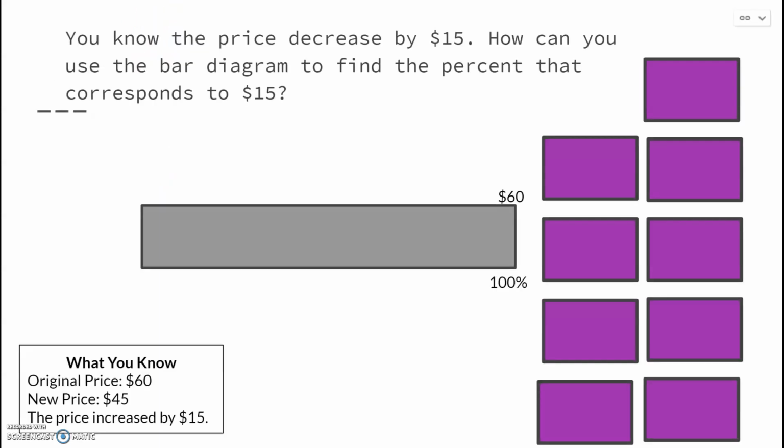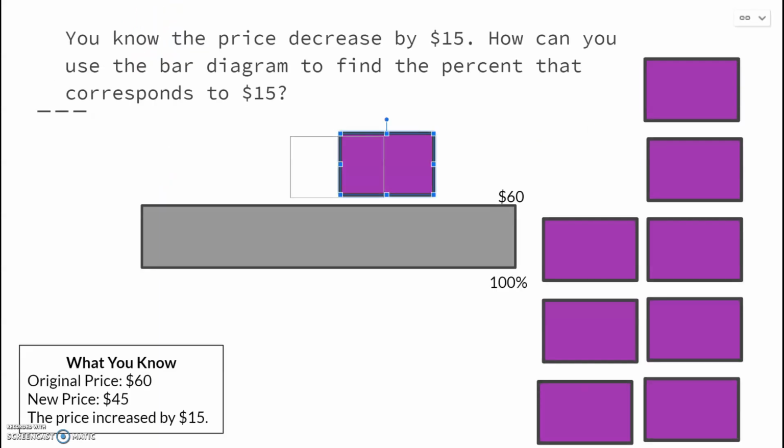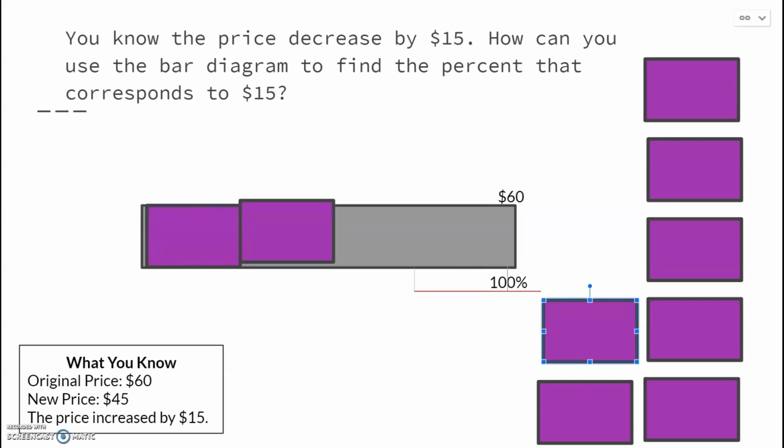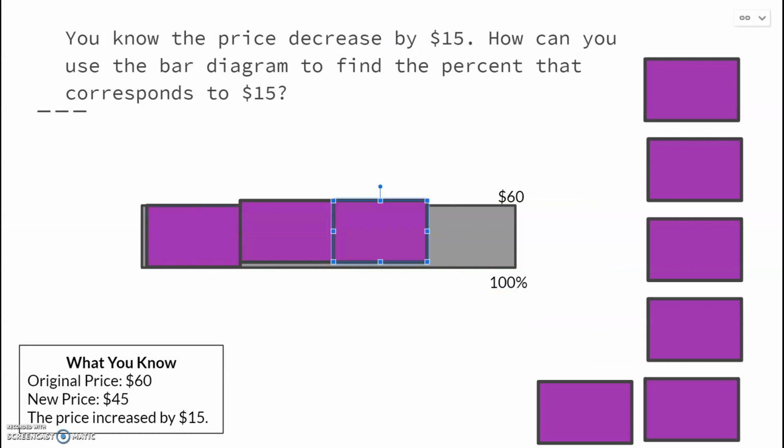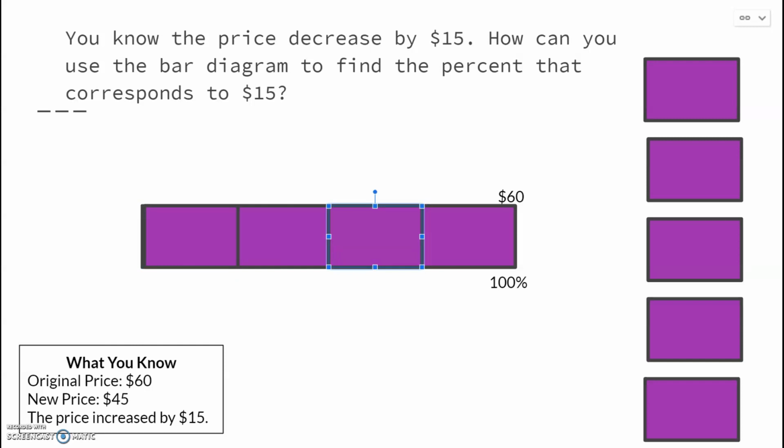So I can move 4 tiles onto my bar here. Please forgive me that they are not even, but you get the point. So we have 4 sections, each $15. Now, how do I figure out what percent that is? Well, I have to take my 100 and divide it by how many sections.